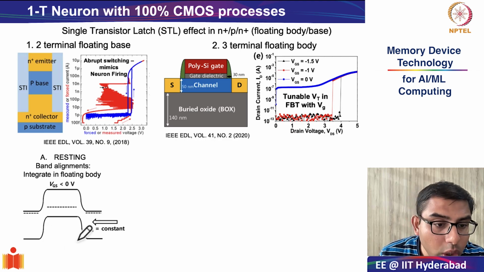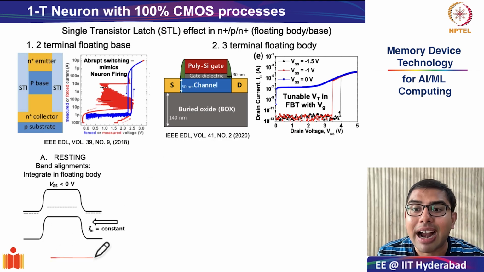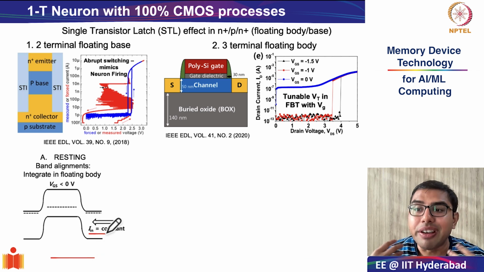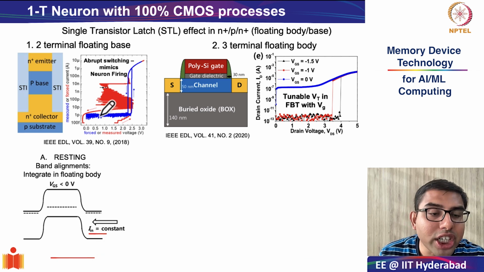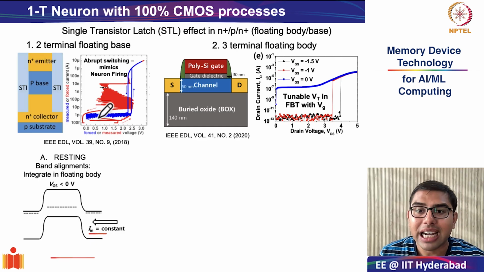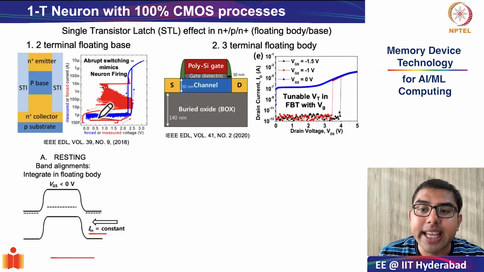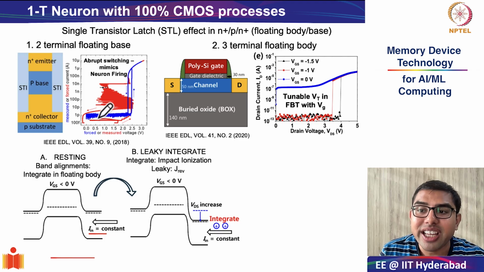So as you can see over here, at the first stage, under a constant input current I input, the device operates below the threshold region, which is this region, and the drain voltage VDS starts to increase slowly. At this point, carriers are getting injected into the body region and they begin to accumulate.